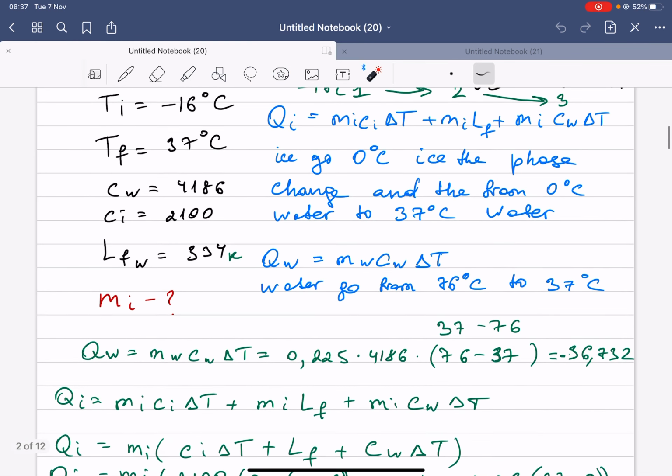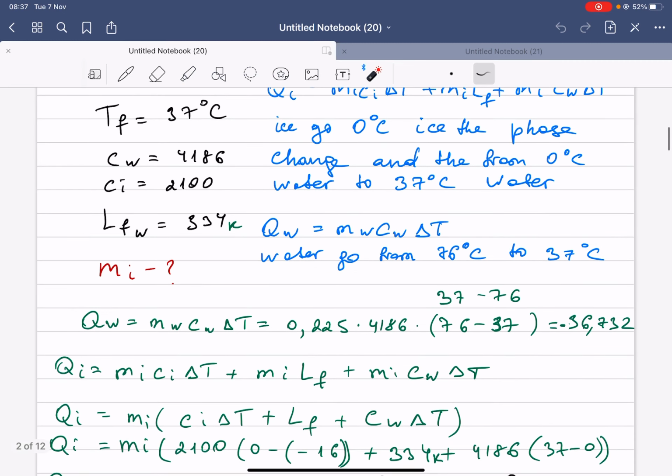So first we have to calculate how much heat is released by the water. We have the equation where Q, the heat released by water, is equal to the mass of the water, times the specific heat of the water, times the change in temperature. We know that water goes from 76 degrees to 37 degrees.